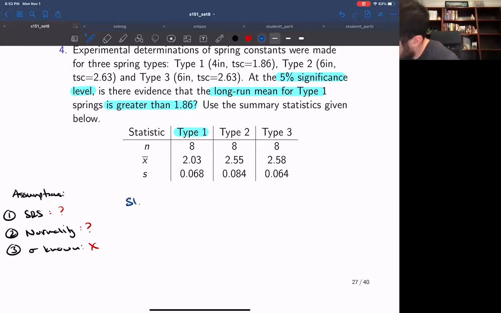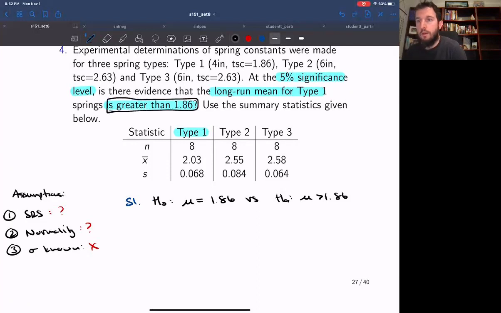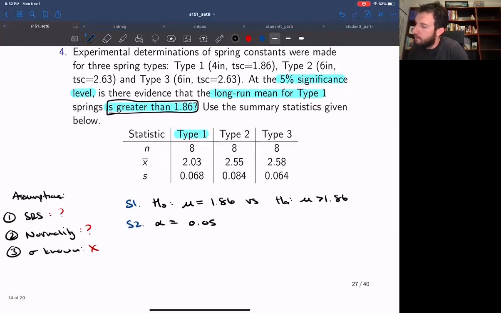Okay, so step 1, we're going to have H0: mu equals 1.86 versus the alternative that mu is greater than 1.86, right? So here we have greater than 1.86. Step 2, we're going to have alpha equals 0.05. Okay, so you can see here we have 5% significance level.